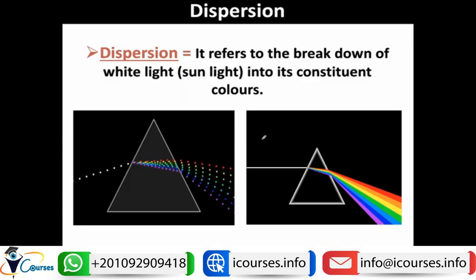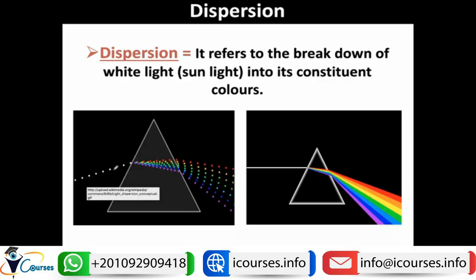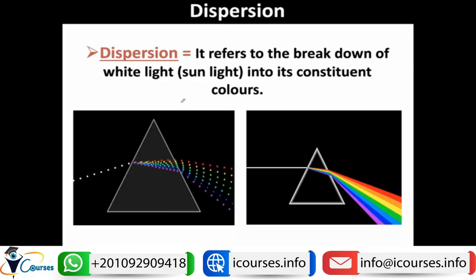Finally, we will talk about dispersion. Dispersion is the breakdown of white light into its constituent colors. If white light enters a prism like here, one of the properties of the prism is that it can cause dispersion of light.